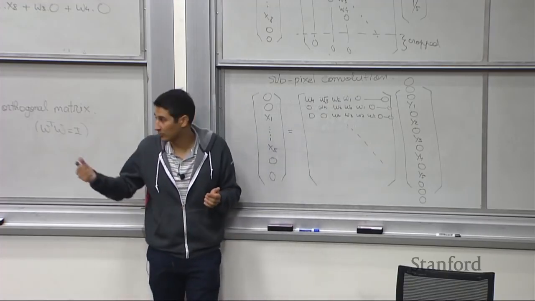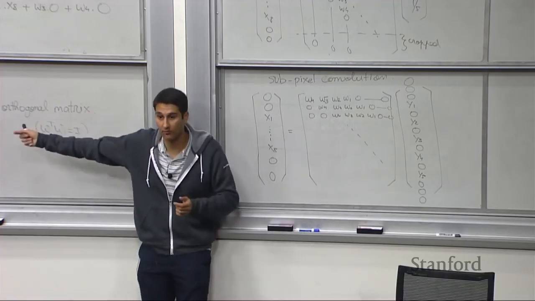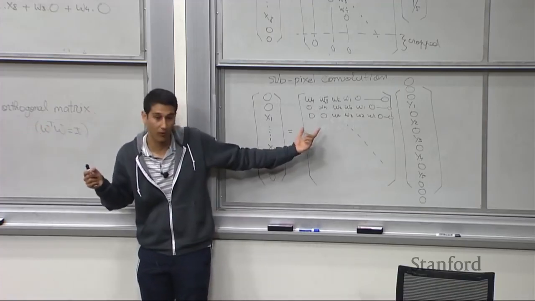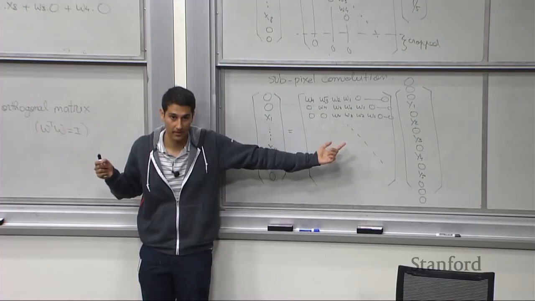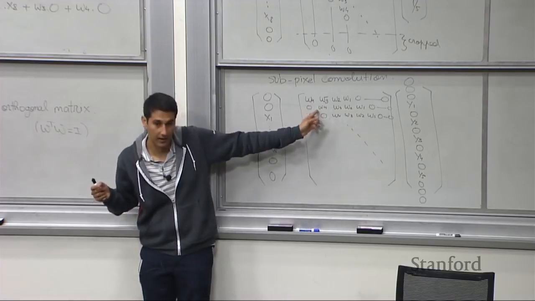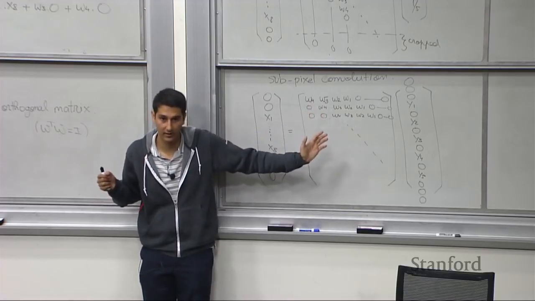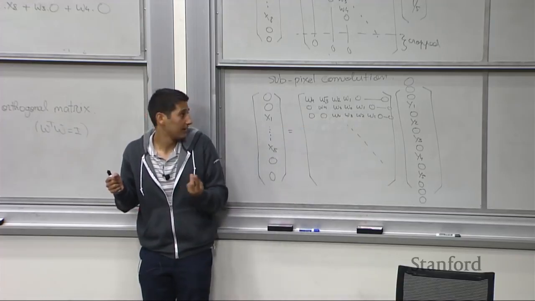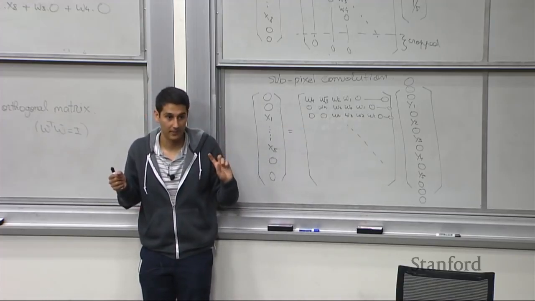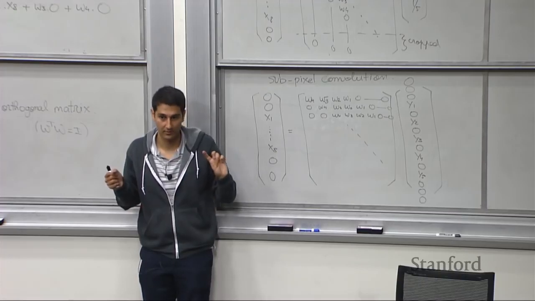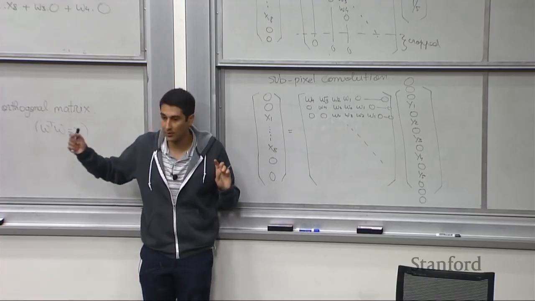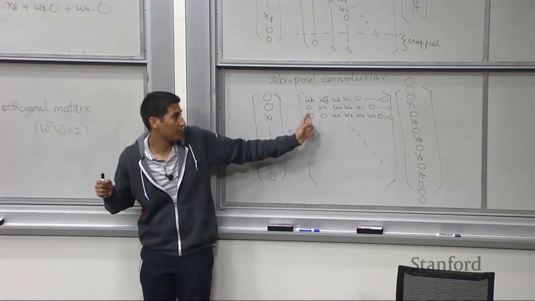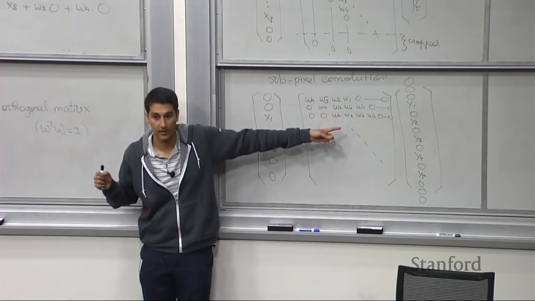So instead of having a stride of 2 as we had in our convolution, we have a stride of 1 in our deconvolution. So notice that I shift my weights by 1 at every step when I move from one row to another. Second thing is I flipped my weights. So instead of having W1, W2, W3, W4, now I have W4, W3, W2, W1.